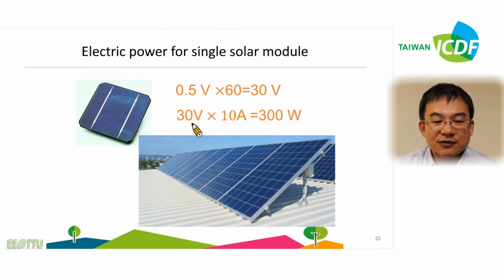So 30 volts times 10 amps is 300 watts. So each solar cell module will produce 300 watts for you.